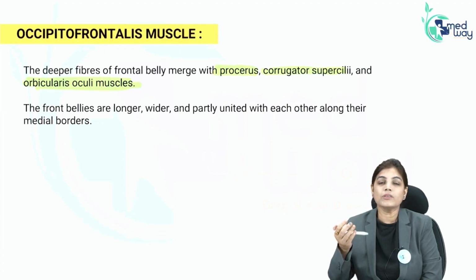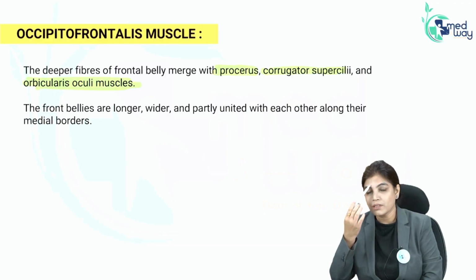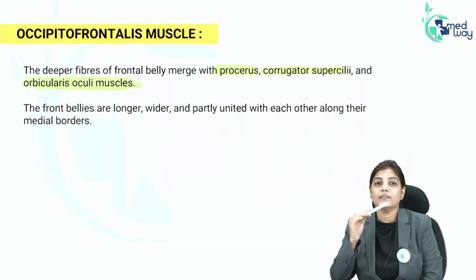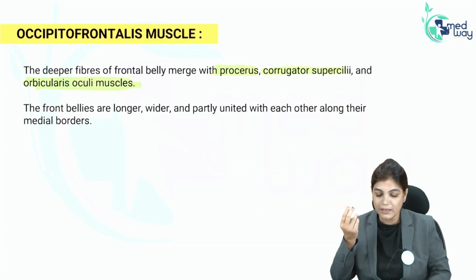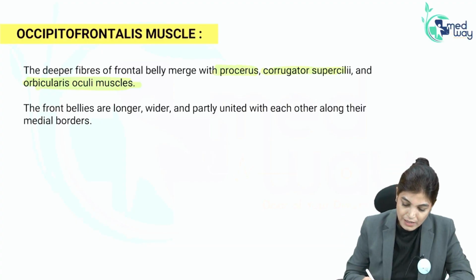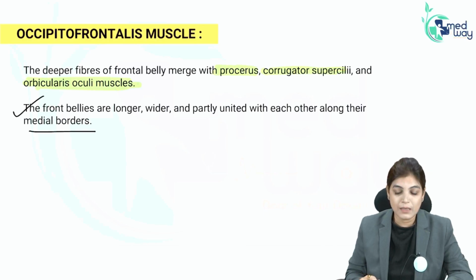If I am talking about the muscles lying around this eyeball, we have got this circular sphincteric muscle around the eyeball, the orbicularis oculi, the corrugator supercilii muscle and procerus muscle. The frontal bellies are longer, wider, and it is united along its medial border.